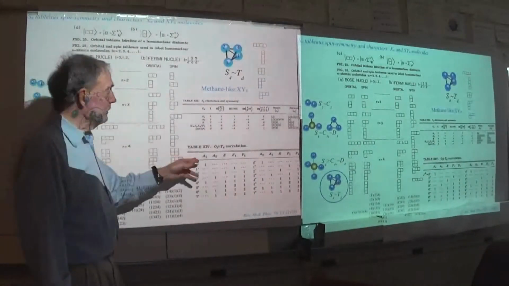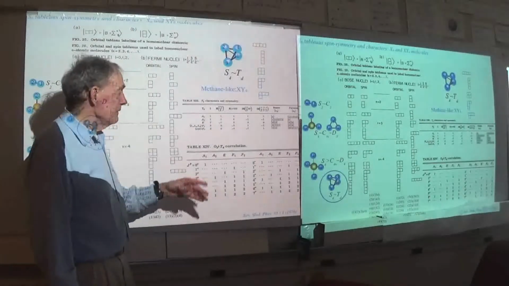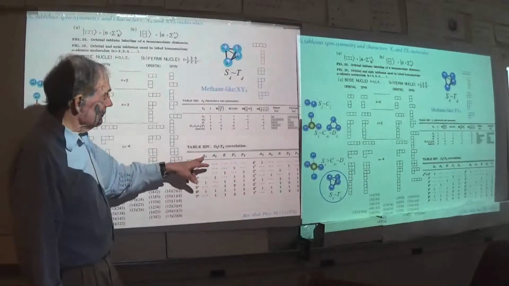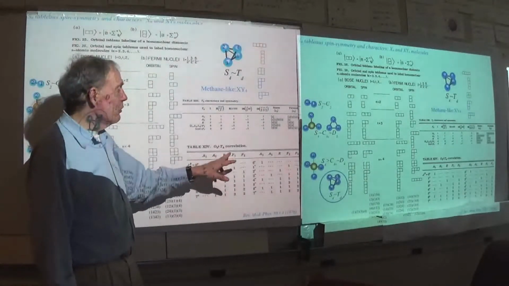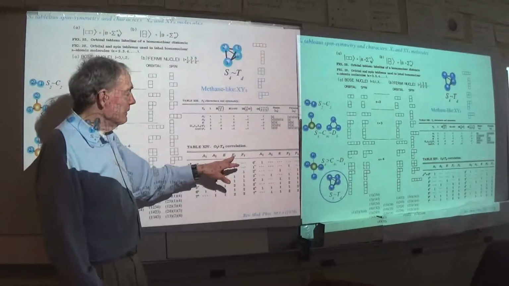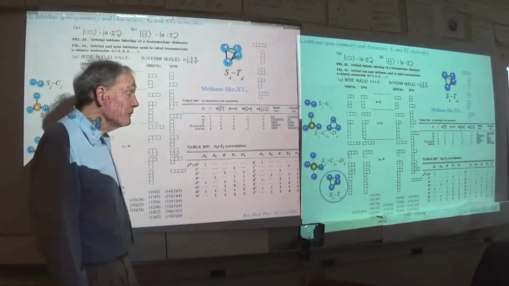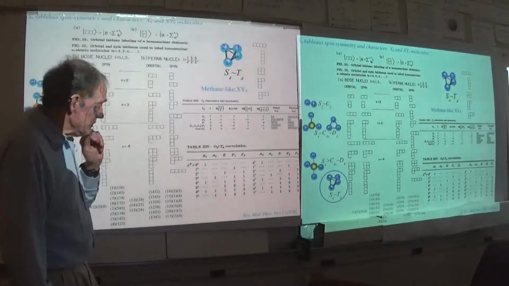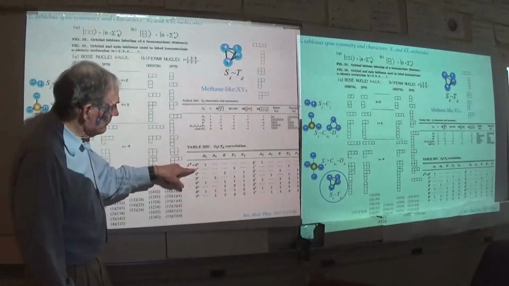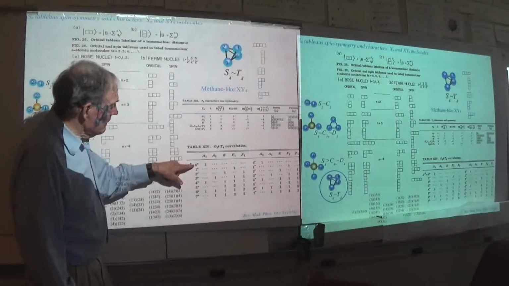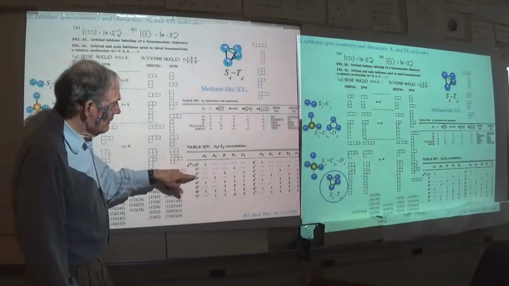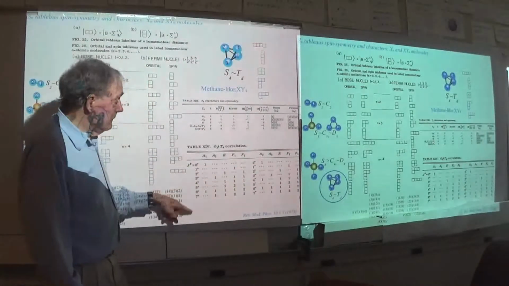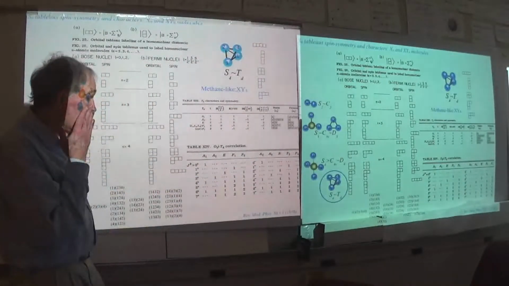It's not very different from the correlation that we looked at between the O3 to the octahedron, and we almost use the same notation, but if you want to be kosher with the crowd, your T1 and T2 become F1 and F2. Not a big difference, but you have to watch out, and then you get systems 0 plus, 2 plus, and you get 0 minus and 2 minus equally for a tetrahedron.